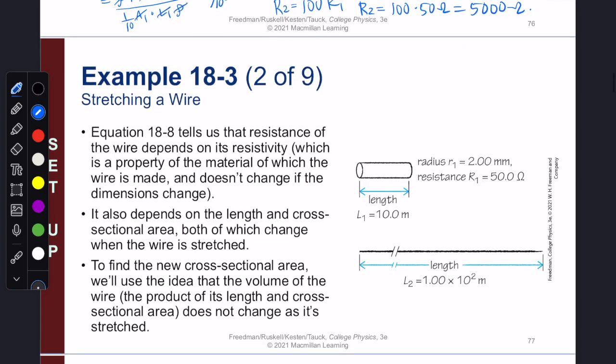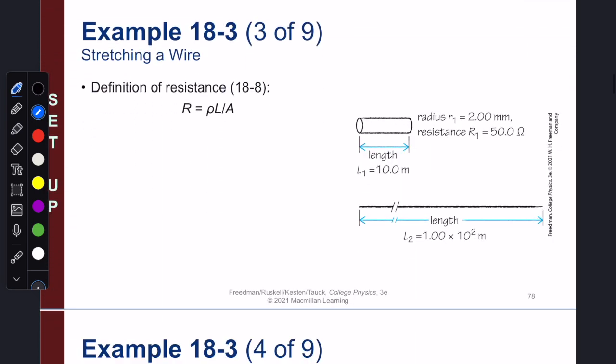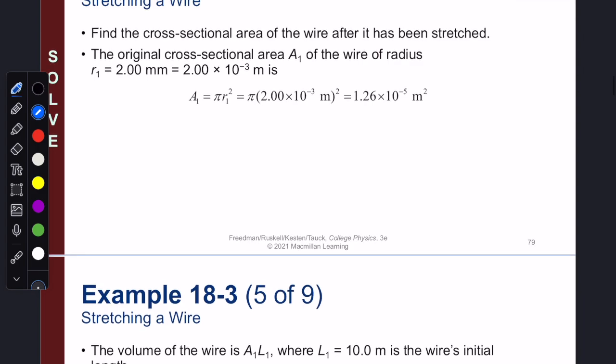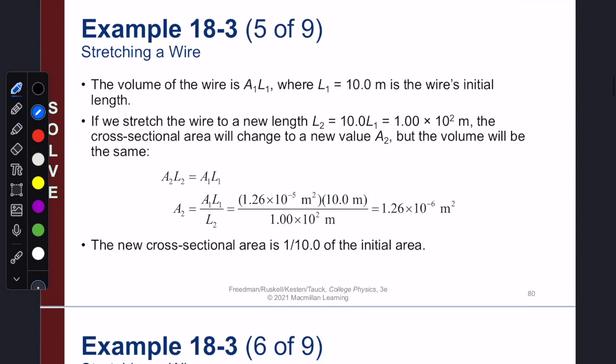So you can look at how this example was worked out in the chapter. They work it out a little bit differently than I did because they plug in the numbers, and so that may work for you better, okay? I was just showing it to you in a little bit more abstract way to really illustrate the problem-solving technique, okay?